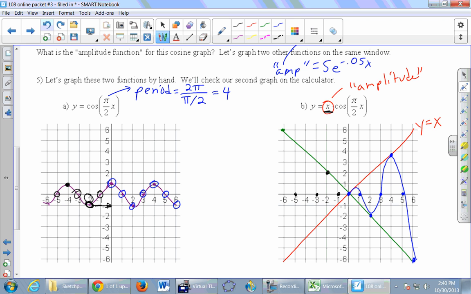That is a maximum, but we're multiplying by -4 in this case, which is going to flip this guy down to -4. So we're going to have a minimum there. The next one will be a maximum up there. Something like that.